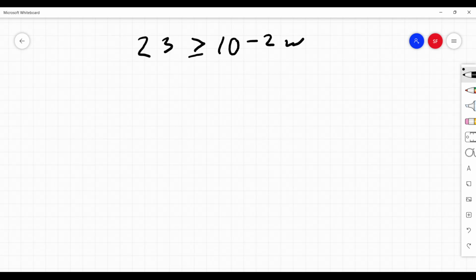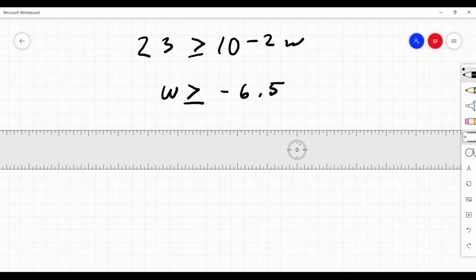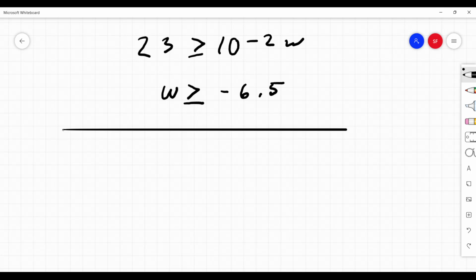What you should have gotten was w is greater than or equal to negative 6.5. And you should have gotten the graph something like this. Probably count by ones.